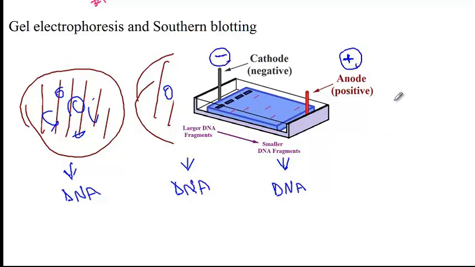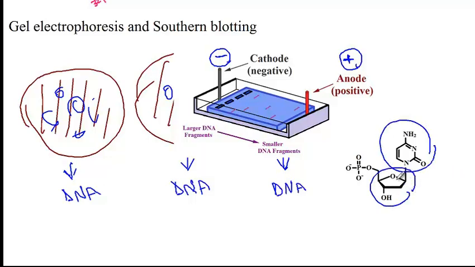The DNA has the phosphate backbone. Here I'm giving you an example of a nucleotide. You see how the nucleotide is made of a base, a pentose sugar, and a phosphate group. This phosphate group is negative, so the negative backbone of DNA makes DNA attracted towards the positive pole of the electrophoresis apparatus.